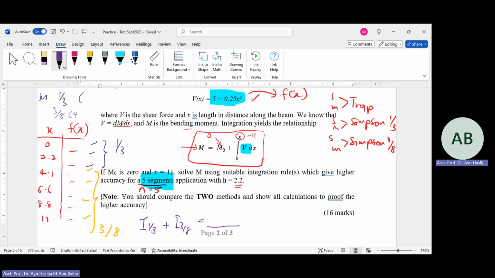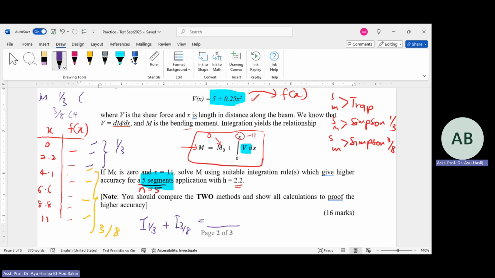Wait, I explain first. Now this is one option: combine 1/3 and 3/8, either 3/8 first or 1/3 first. Or you can combine 1/3 with multiple trapezoid, or 3/8 with multiple trapezoid.